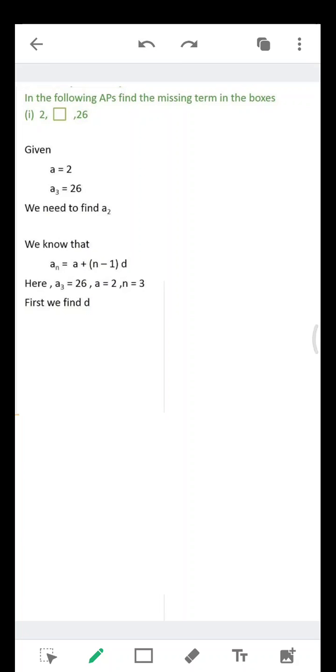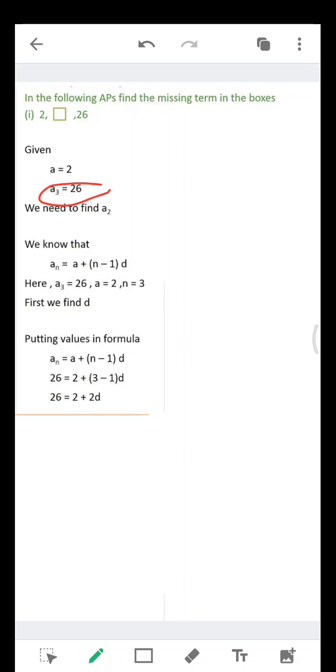So for that we'll find the value of d. We'll put these values in the formula. What is a3 given to us? a3 is given to us as 26. So 26 is equal to a plus n minus 1, where a is 2 and n is 3, and we don't know what is the value of d here.